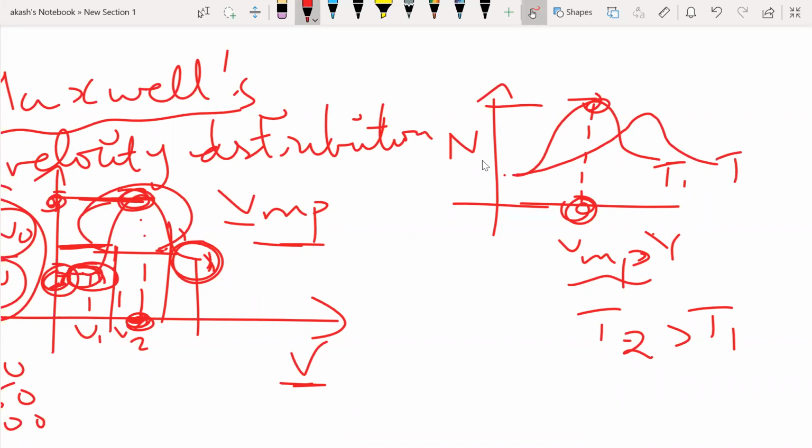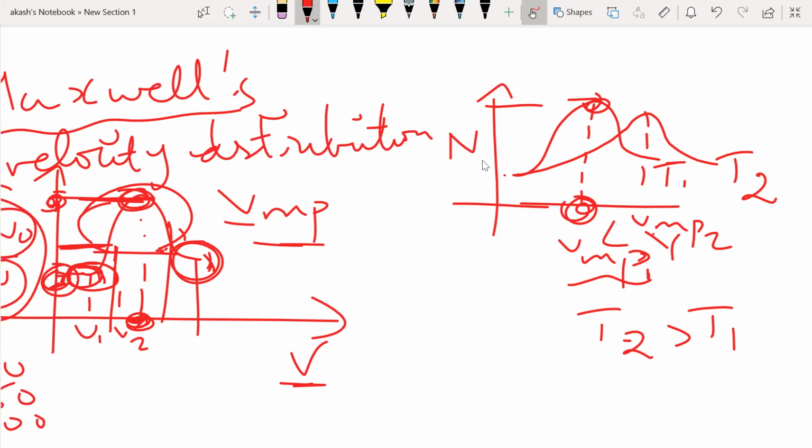This is temperature T2. If you analyze this graph very carefully, what has happened is the most probable velocity has increased. This is VMP2 and this is VMP1. Obviously, this is greater.